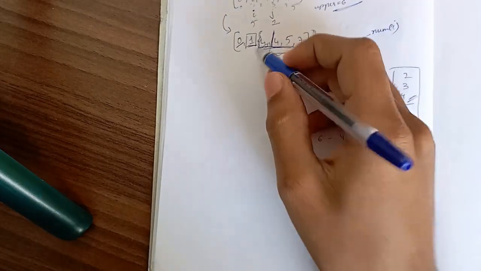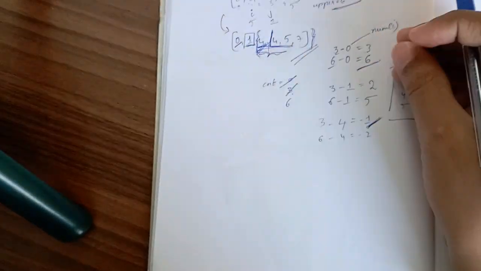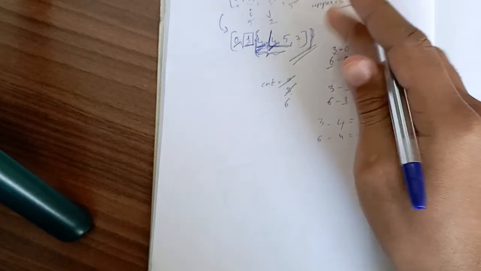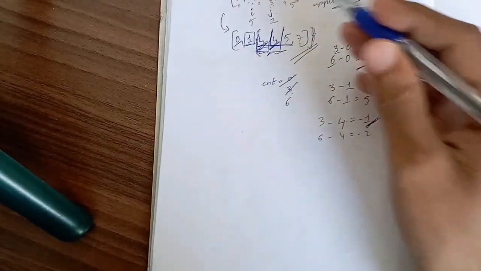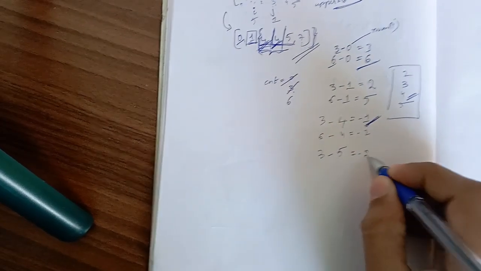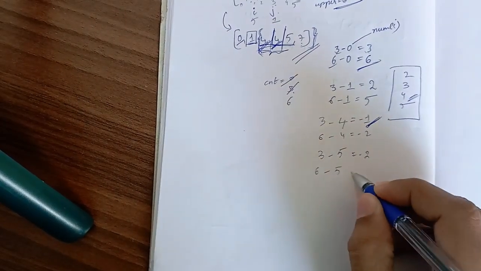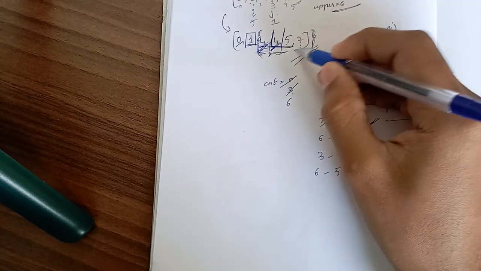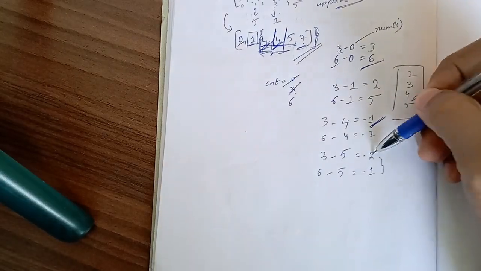So here we cannot find any pair, and then same element we cannot find any fair pair, and then we got 5 here. 3 minus 5 is equal to minus 2, and 6 minus 5 is equal to minus 1. We don't have any element after this which is minus 1 and minus 2.